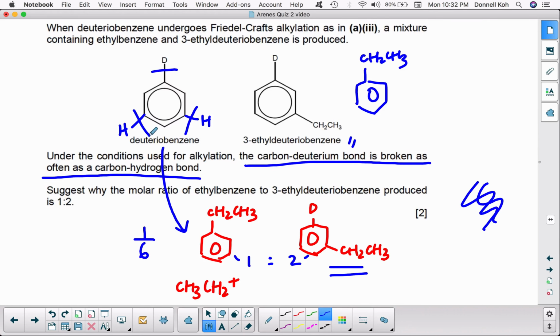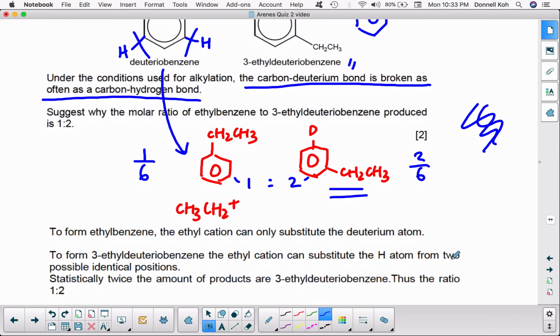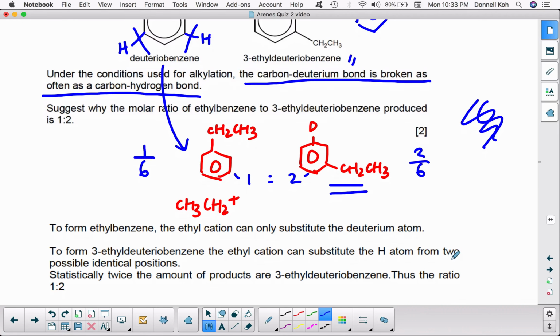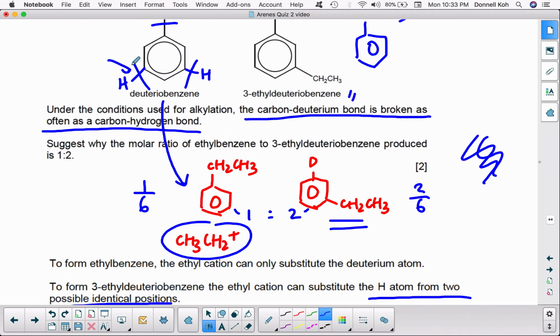So the probability of forming 3-ethyl deuterobenzene is 2/6. That will give you a ratio of 1:2. They say that the ethyl cation can substitute the hydrogen atom from two possible identical locations. These are the two possible identical locations.